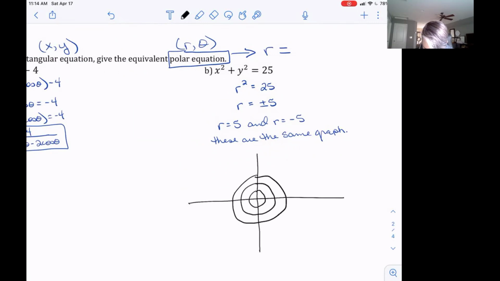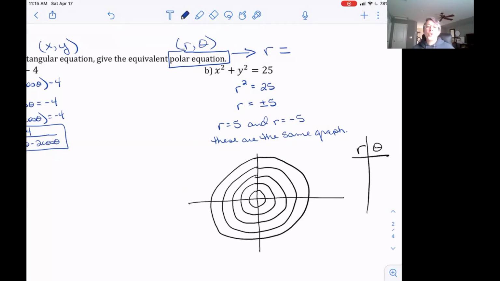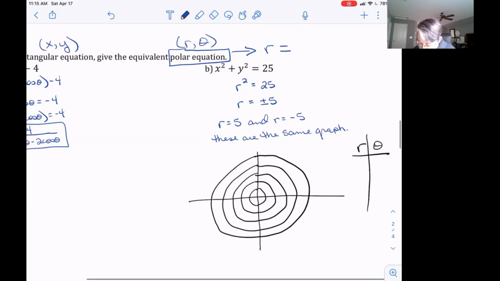Let's actually graph B. So if we think in terms of a polar equation, our radius can be +5 or -5. So let's just say +5. And our theta can be anything. Our theta can be pi/6, it could be pi/3, it could be pi/2. So if we look at all of these possibilities, 1, 2, 3, 4, 5 units away, we can have it here, here, here, here.